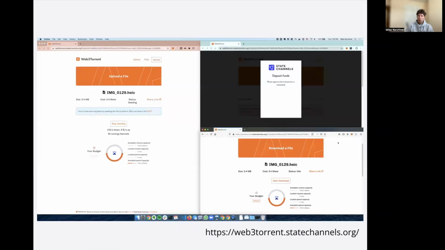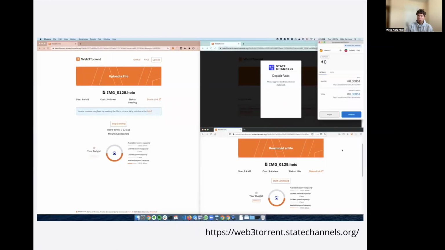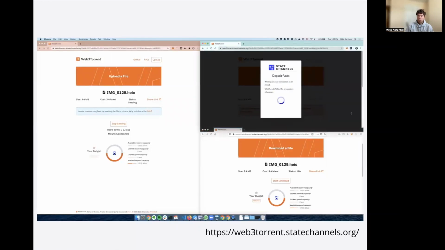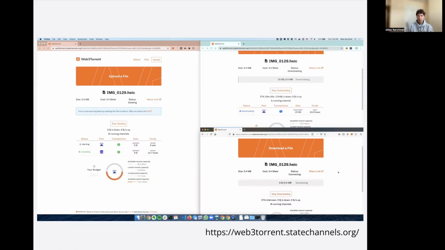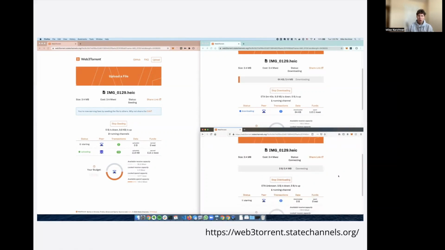The upper right node is still connecting to the network. You're seeing MetaMask pop up, transaction being completed. And after that's done, we'll sort of see the bytes starting to fly around. So the green bubbles that are on the left are showing payments received, and the blue bubbles on the right are payments sent.